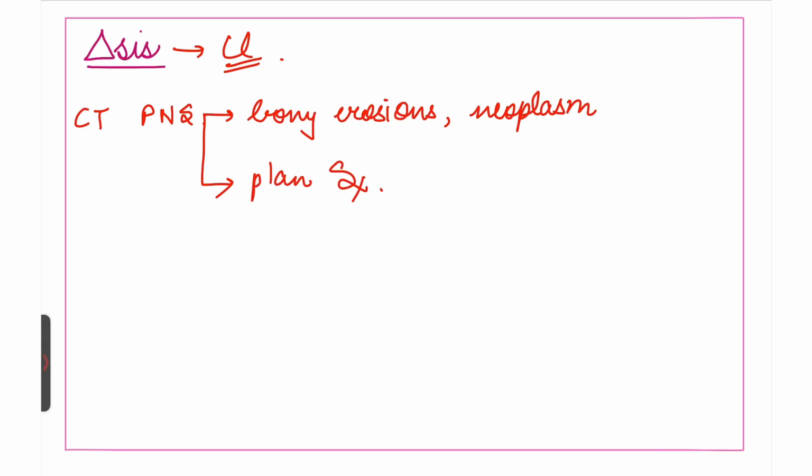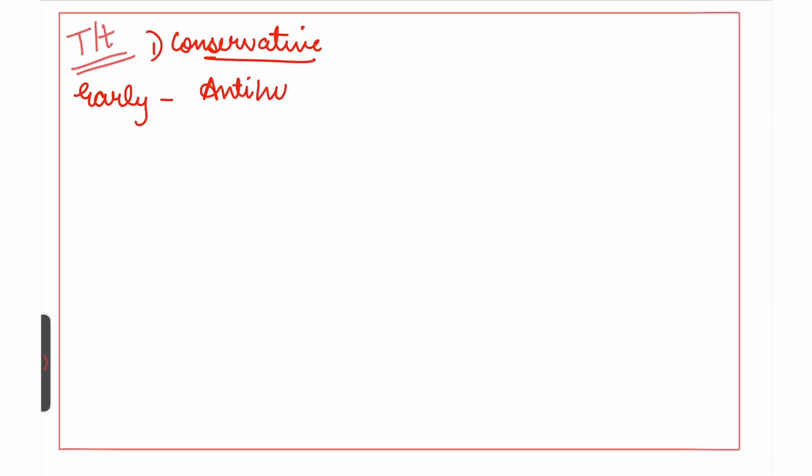That's all. Looking at the treatment, we have conservative and surgical treatment. First is conservative. In early polypoidal changes, sometimes antihistaminics are very useful to control allergies. So if the cause is allergy, we can use antihistaminics. And also a short course of steroid can be given.